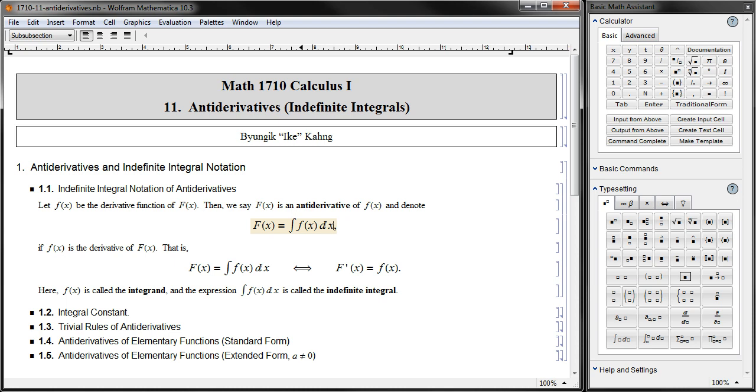They're the same. And then followed by the original function f of x. Finally, you opened up, you have to close it. Close it by dx. Integral is kind of like opening up a bracket. dx is closing the bracket.